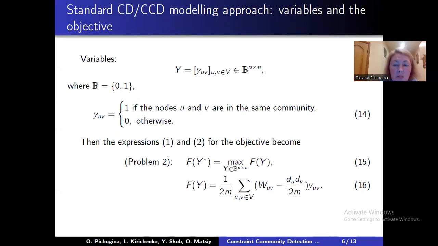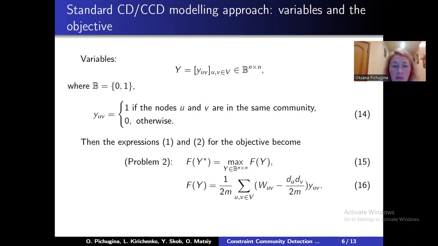Standard community detection problems are normally solved by effective heuristics. If additional constraints, like I mentioned above, are present, then it is complicated to incorporate them in the heuristics. That is why in most cases a transition to consideration of a binary optimization problem is made.